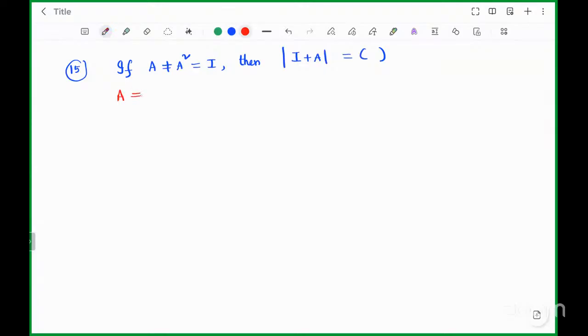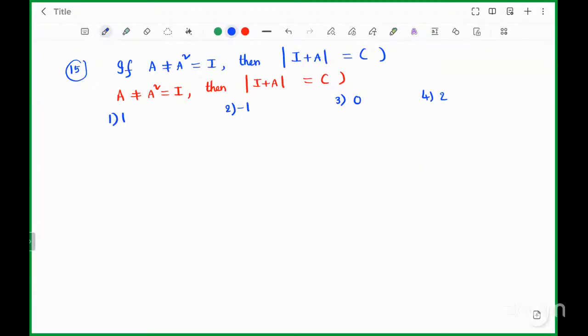So the first option is 1, the second option is -1, the third option is 0, the fourth option is 2.